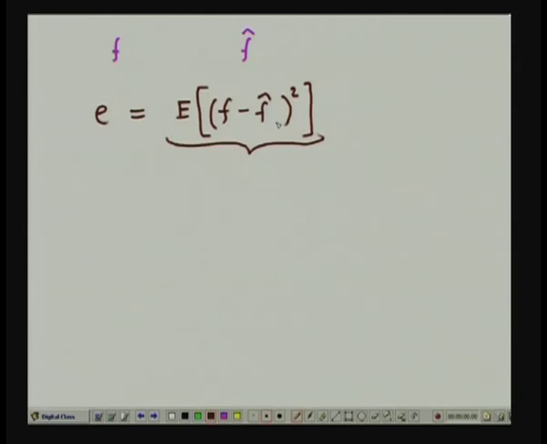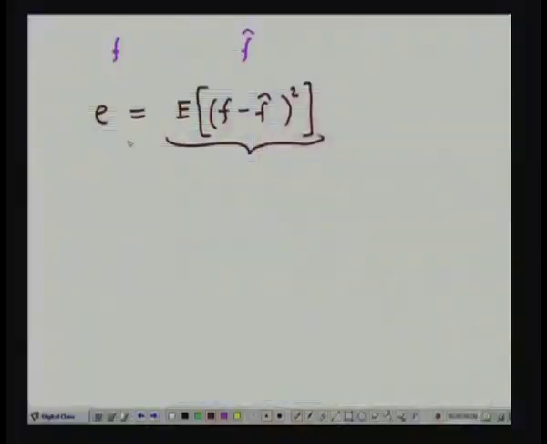Here our assumption is that the image intensity and the noise intensity are uncorrelated, and using that assumption, Wiener filtering works.